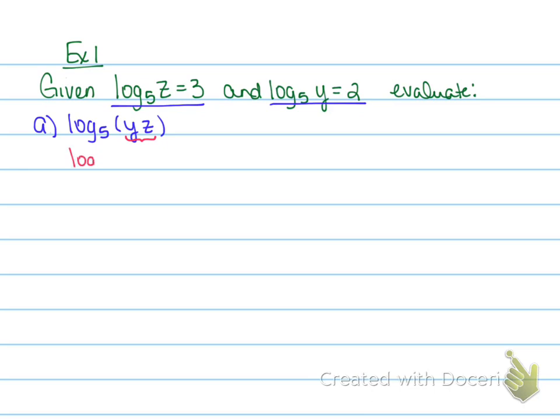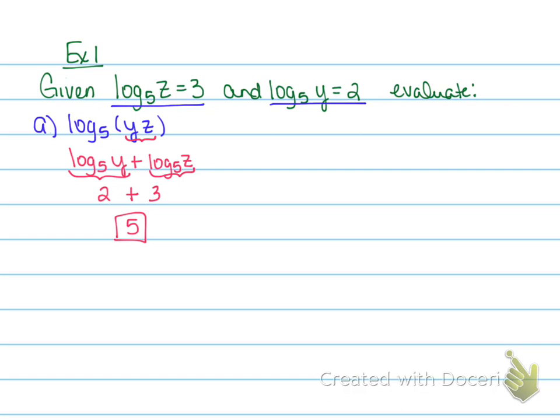So each of them is going to get the log base 5: log base 5 of the first, plus, because it was multiply, log base 5 of the second, the z. And then, according to the directions, we know log base 5 of y is equal to 2, plus log base 5 of z is equal to 3, and then we know that 2 plus 3 is 5.